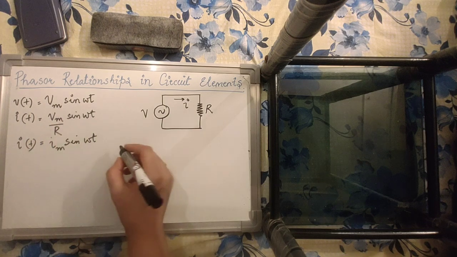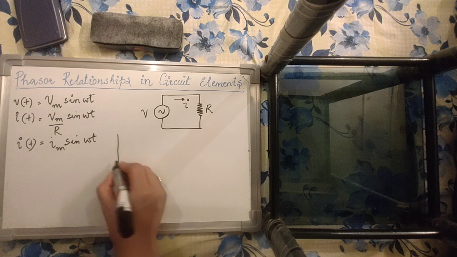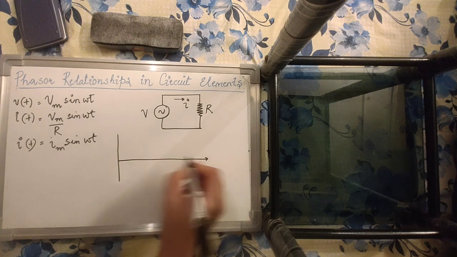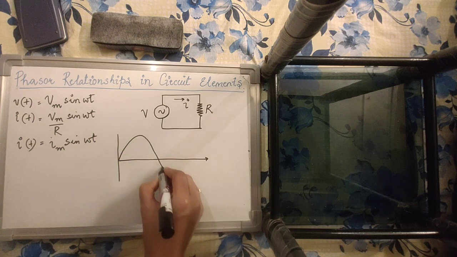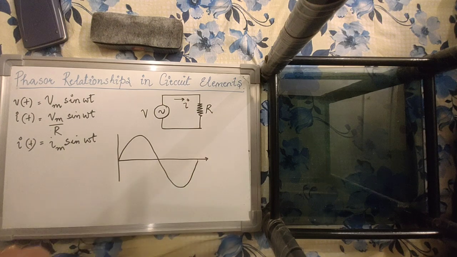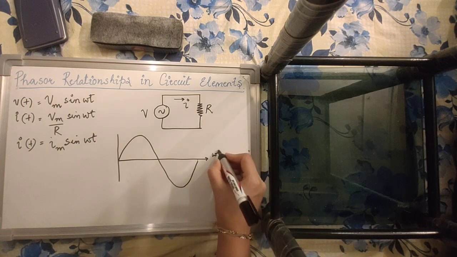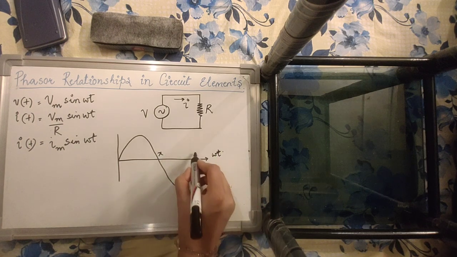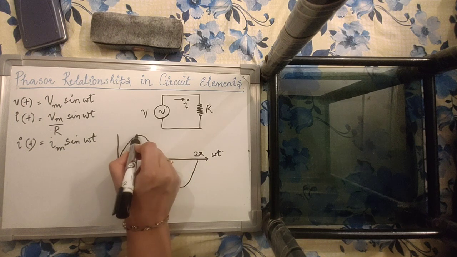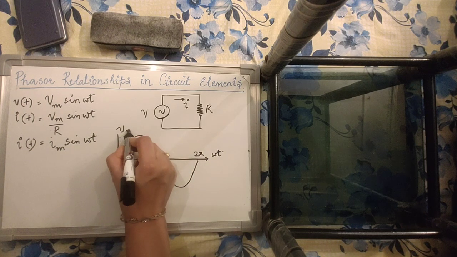Now in this case, if you would like to draw the waveform of voltage, that is Vm sin omega t, we know that it would look something like this. Assuming that this is the omega t axis, and these are the pi and 2 pi points, and the peak value is Vm.